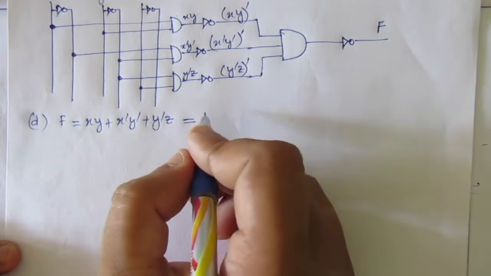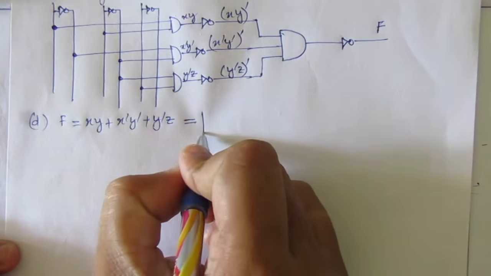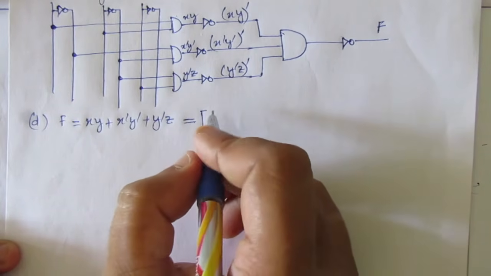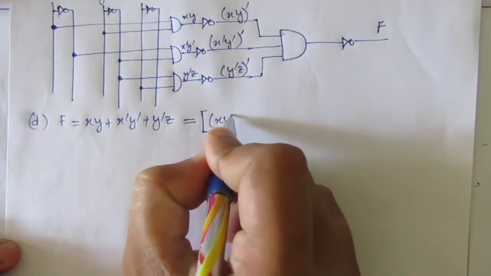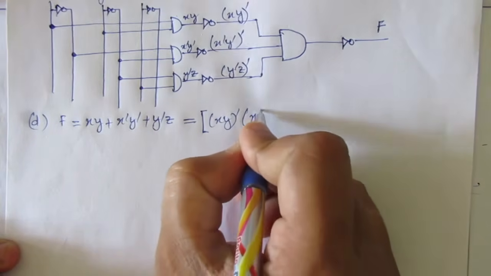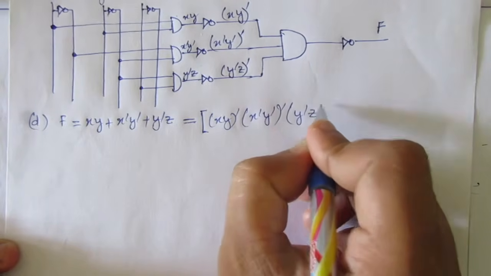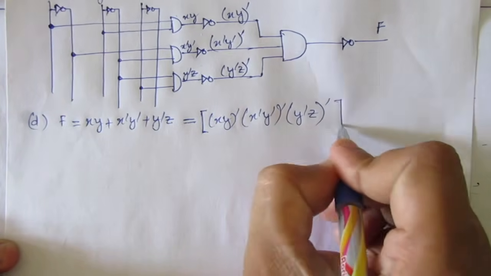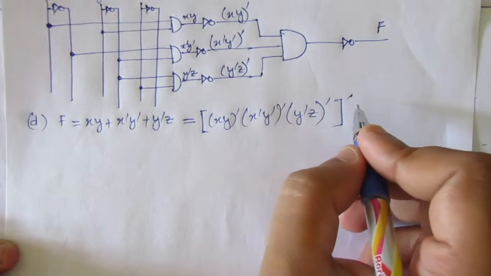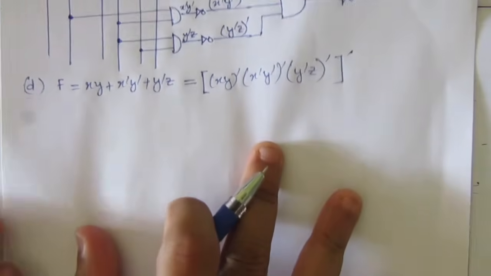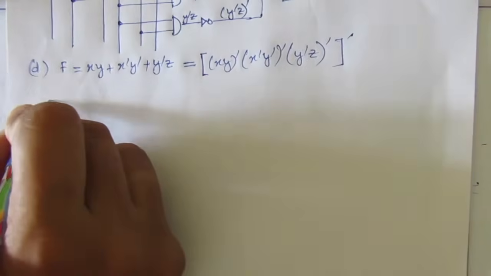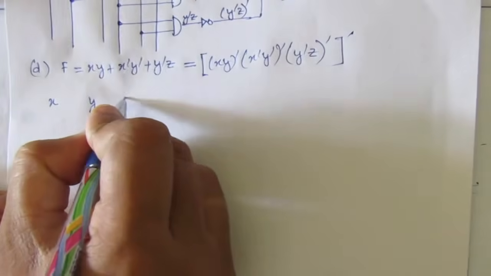So we can directly write the same expression as the previous part C: (xy)', then (x'y')', then (y'z)', and then again a complement. Okay, so here we have three inputs x, y and z.